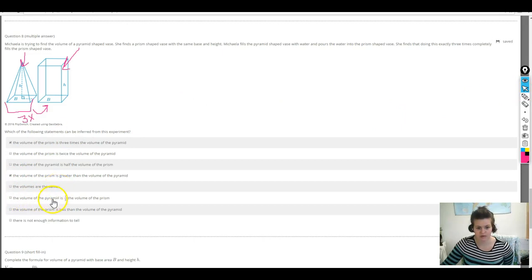No. The volume of the pyramid is 1/3 the volume of the prism. That one is true as well, because if we were to make an equality, we could say 3 times the volume of the pyramid is equal to the volume of the prism.